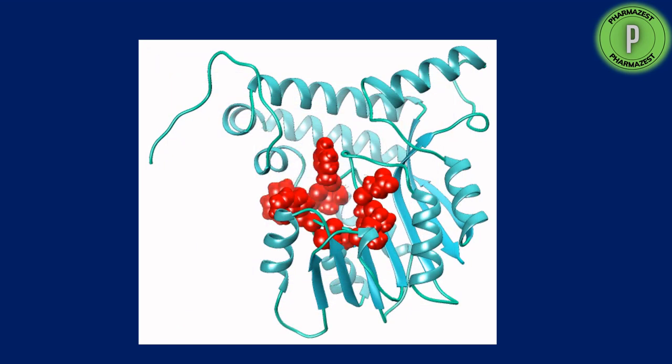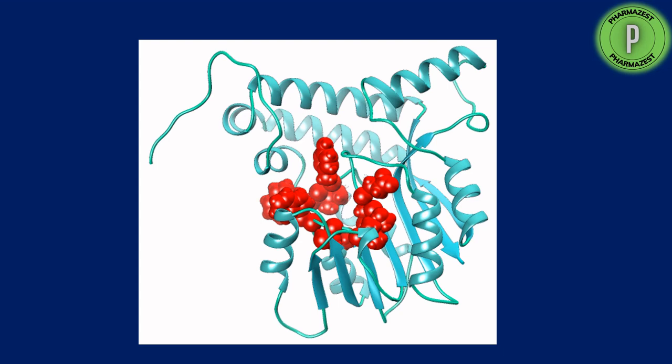Now let's see. This structure is a protein structure. You can see it is a cyan blue cartoon representation of a protein structure, and these red spheres at the center are the active site residues of this protein.